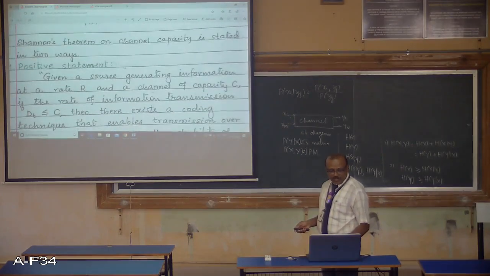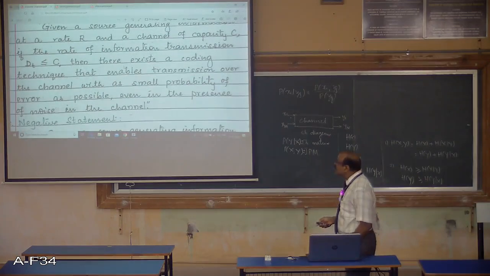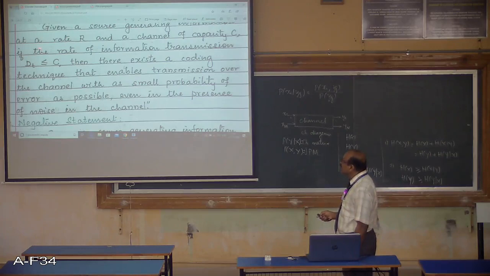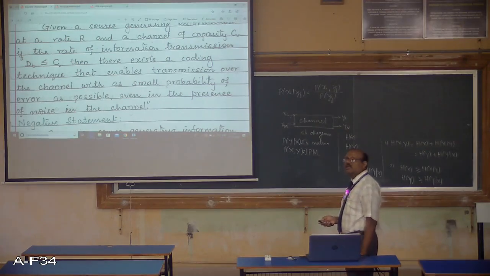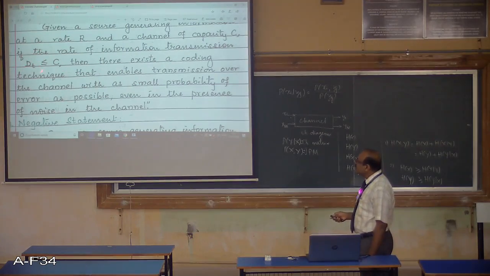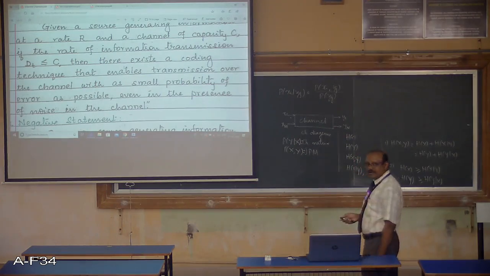With respect to any channel, we should estimate two parameters: the rate of information transmission and the maximum capacity. We should try to keep the rate of information transmission slightly less than the capacity so as to recover the information correctly.